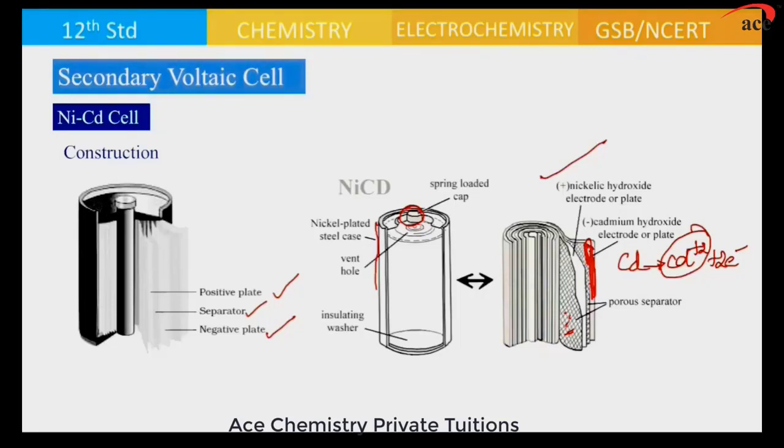And inside here, there is nickel oxide, and the nickel oxide combined with water becomes nickel hydroxide. I repeat, please remember, in a nickel cadmium battery, we are using nickel oxide and cadmium.